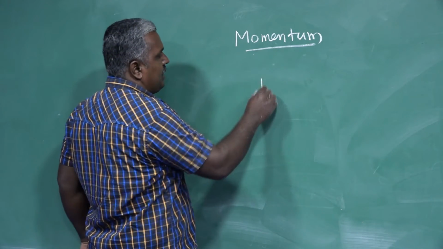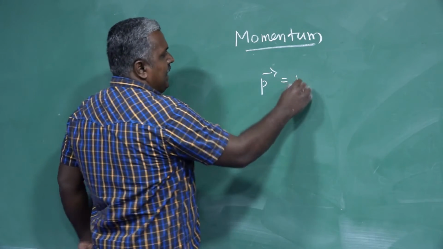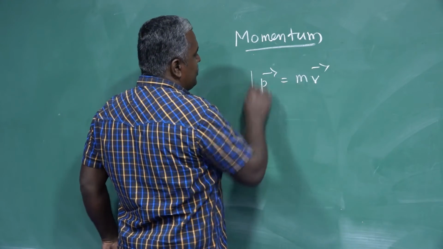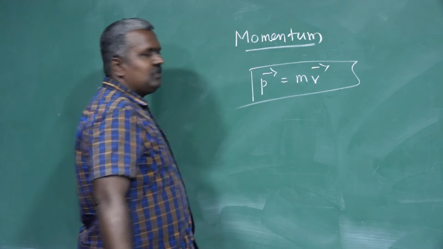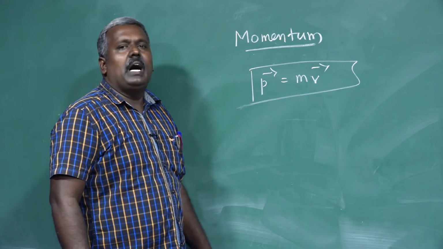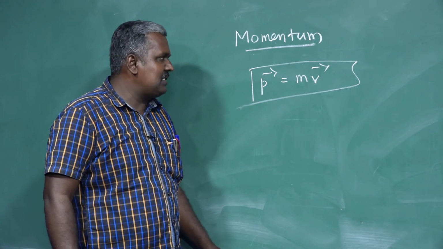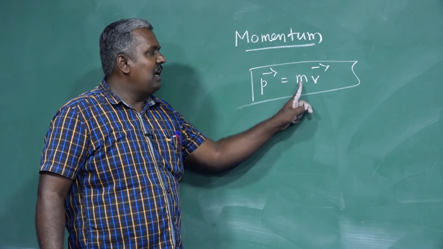So linear momentum, P vector is equal to m into v vector. That's all. Define this. Momentum or linear momentum of a particle is defined as the product of mass and velocity.